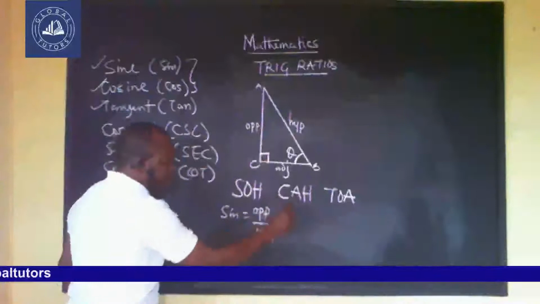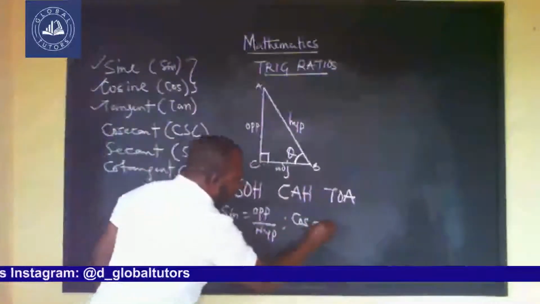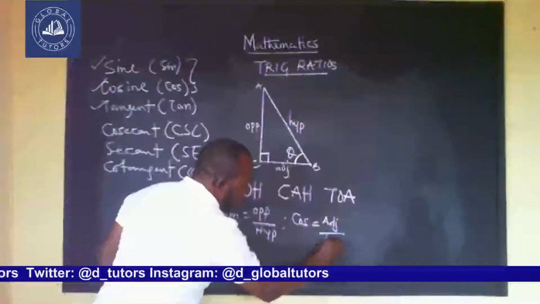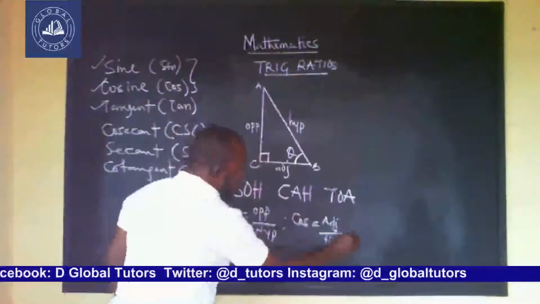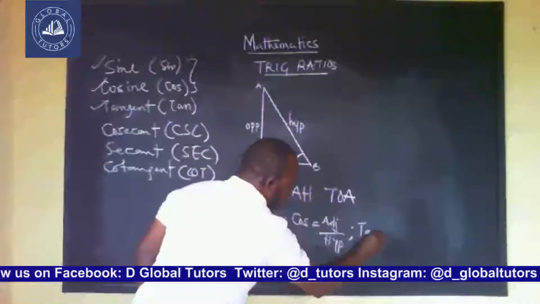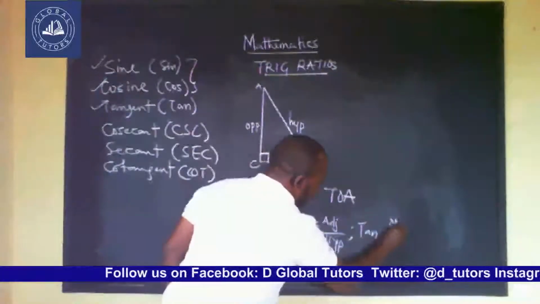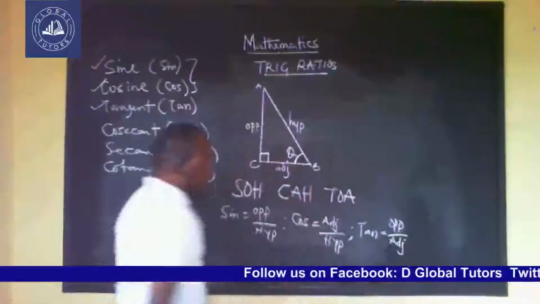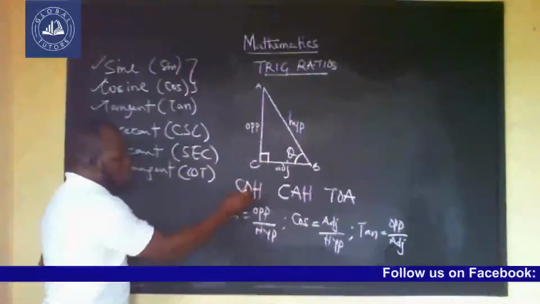Then cos theta equals A, adjacent, over H, hypotenuse. Then the last one, tan theta equals O, opposite, over A, adjacent. I tried to show you the theorem.